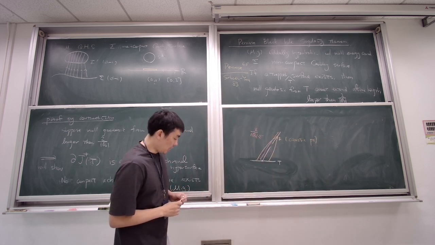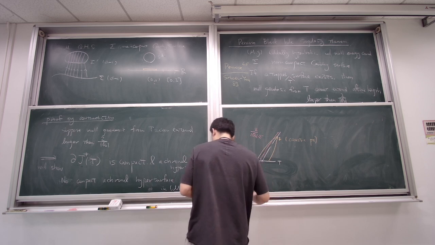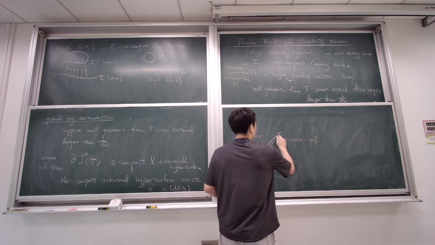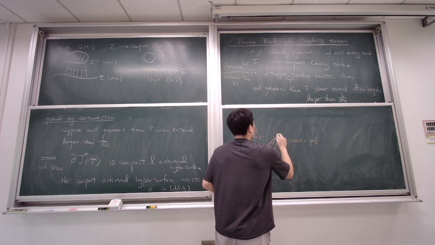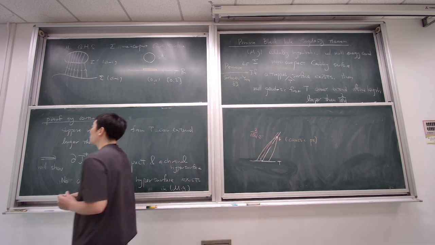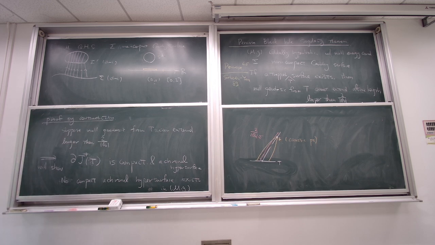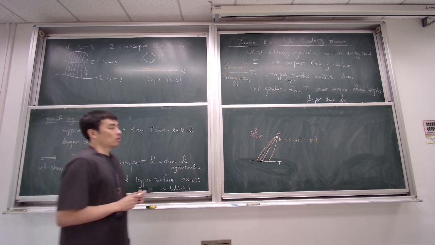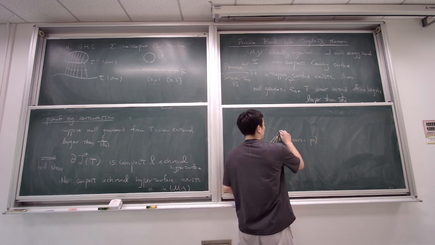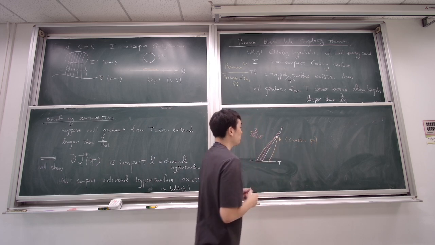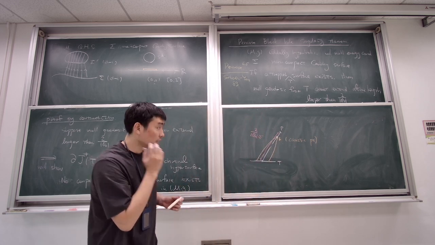And then this caustic point here is hard to draw. If you look at the point P here, for the same reason, it's a focal point.